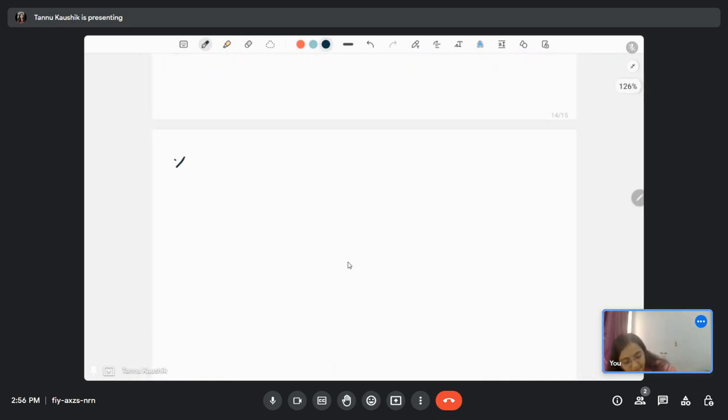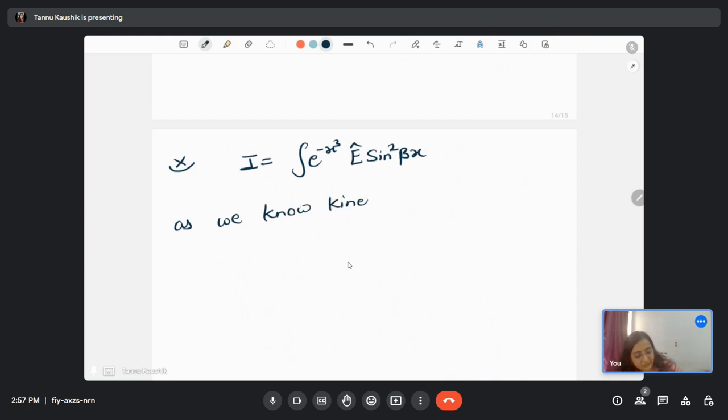Okay, now let us take another example for this. E raised to minus x cube, kinetic energy operator, sine square beta x.